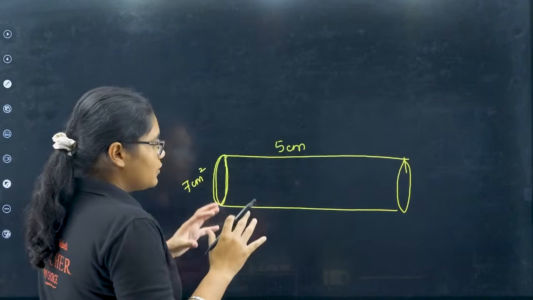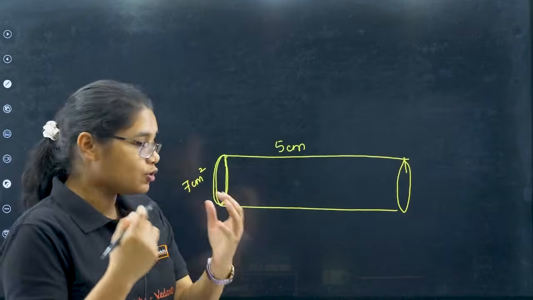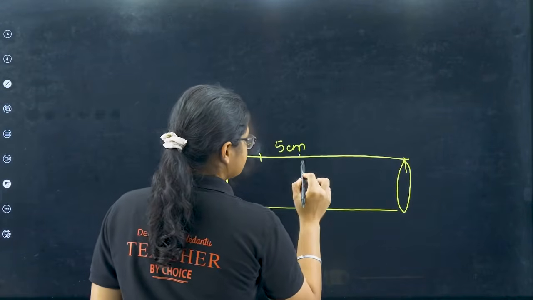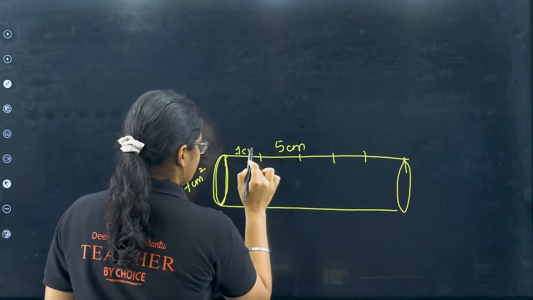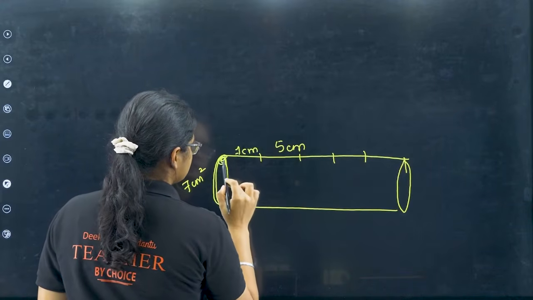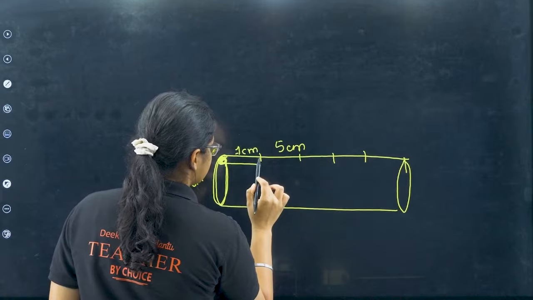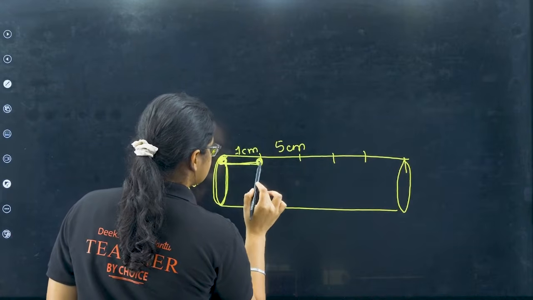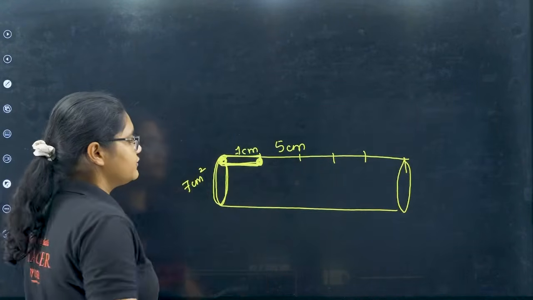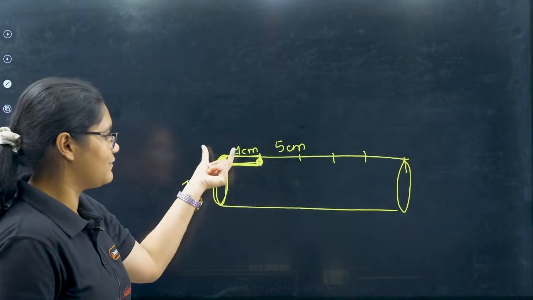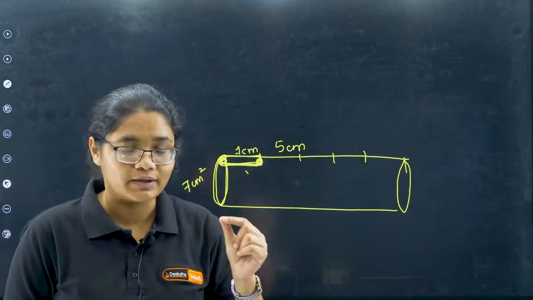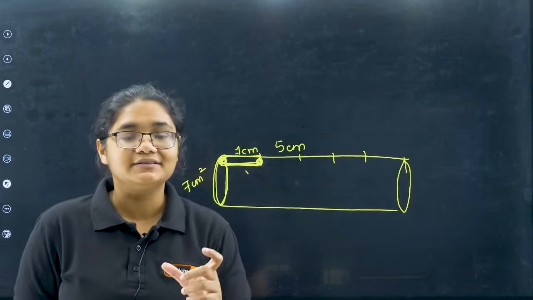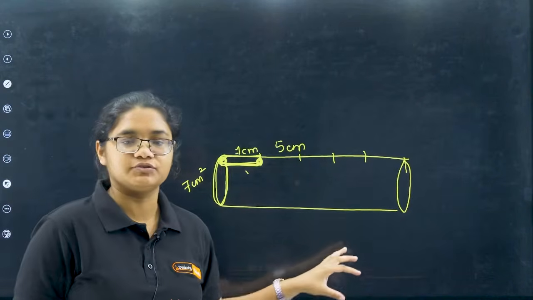Let me divide it like this: 1 2 3 4 5. This is 1 centimeter, and this area is suppose 1 centimeter square. The resistance that is offered by this particular portion, which has a length of 1 centimeter and an area of 1 centimeter square, is the resistivity of that substance.